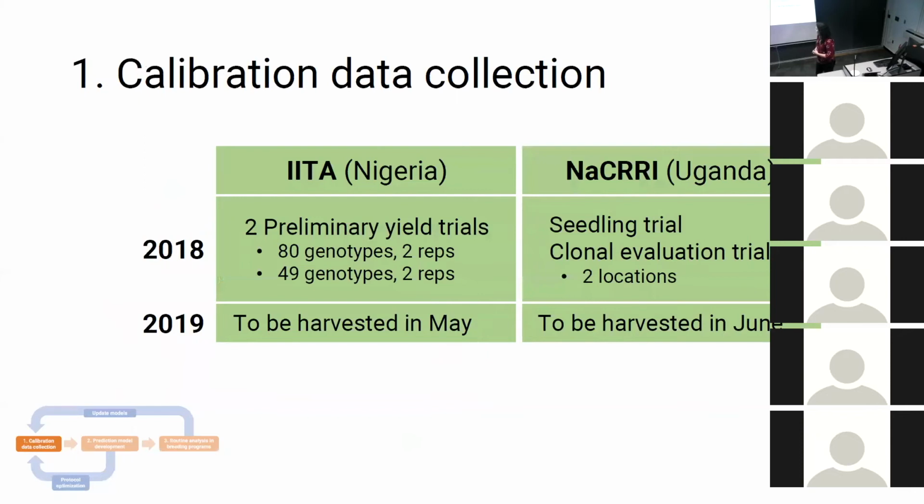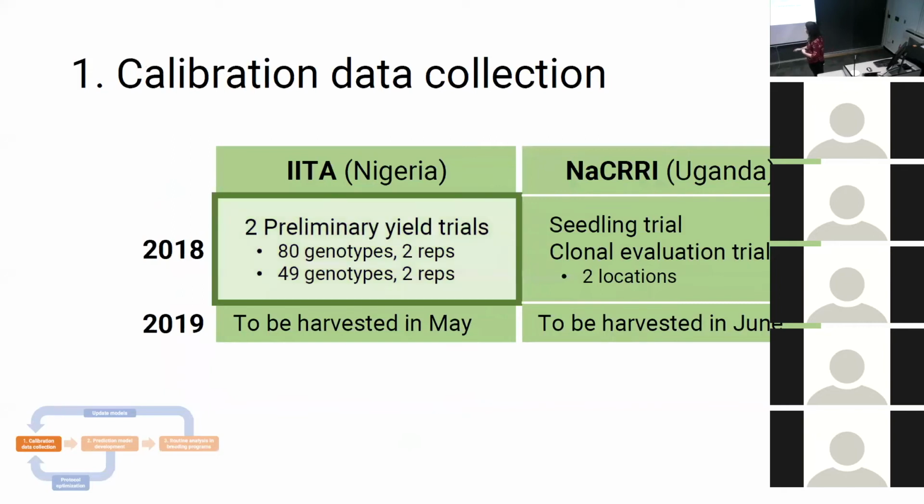So I have 2 different breeding programs that I'm working with, IITA in Nigeria and NACRI in Uganda, each with 2 different years of data. So far, I just have this first year collected. My analyses for the rest of the presentation will focus on these trials in Nigeria, which include 129 genotypes total with 2 reps each.